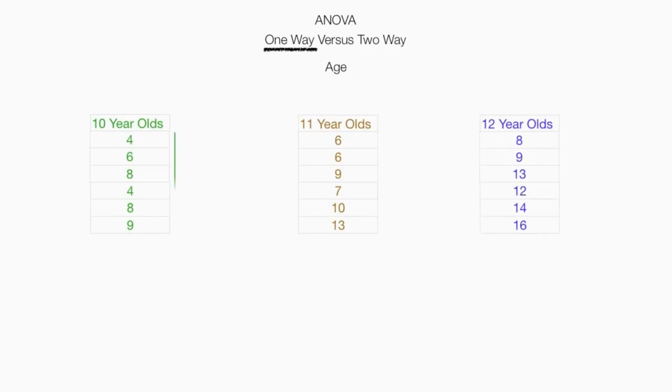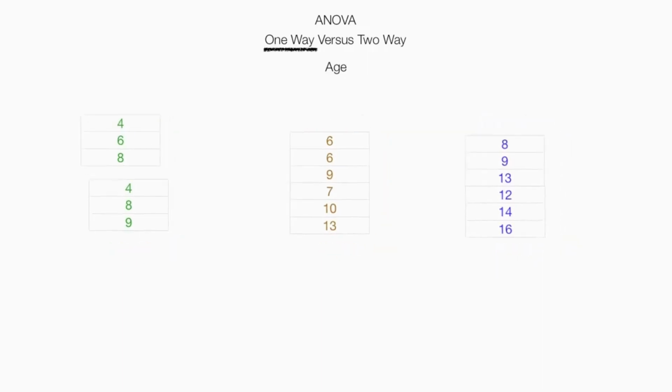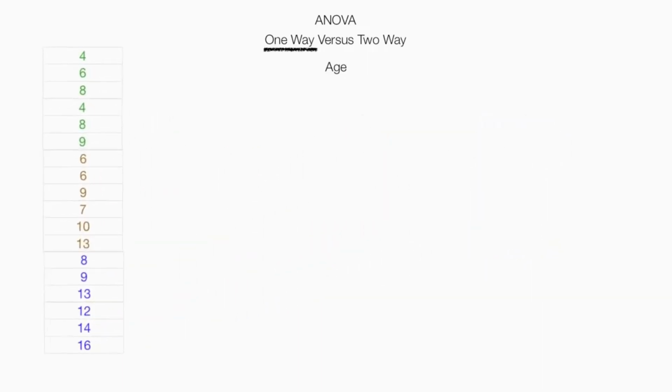I would take the average test scores of each group, and compare these back and forth, of course. I'd also look at the data as one big group, and take the total average of the entire group, which is equal to 9, by the way.